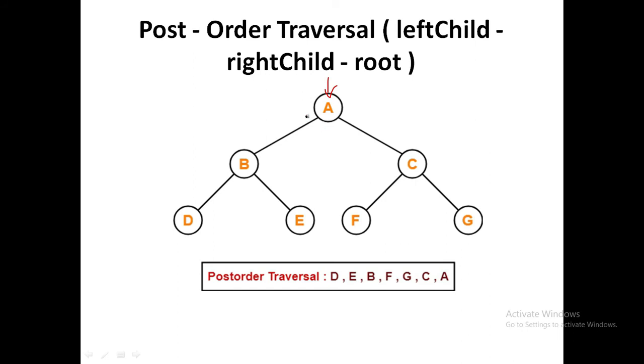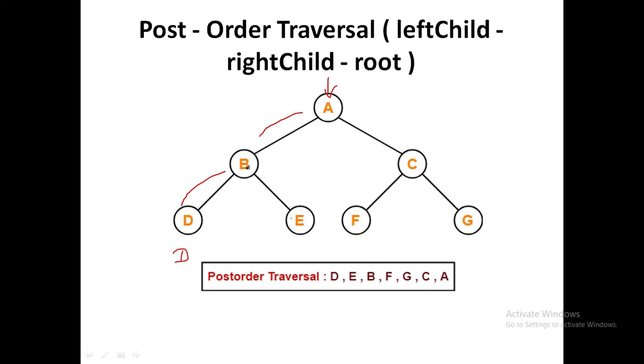First we have to write the left subtree. So go on the left side. We again have a left element, so go here. First write D. After writing left, we have to write the right child.